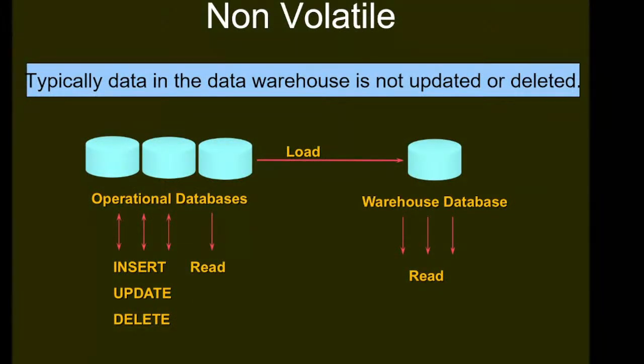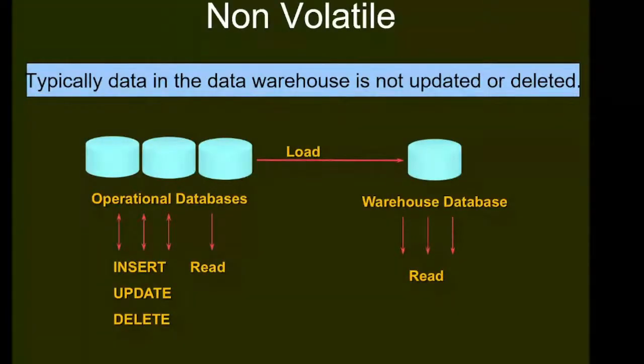Then comes non-volatile, the last one: integrated, time variant, subject oriented, then non-volatile. Non-volatile means what? Data in a data warehouse is not updated or deleted. History nobody can delete. Once history has happened, that history will be there permanently.